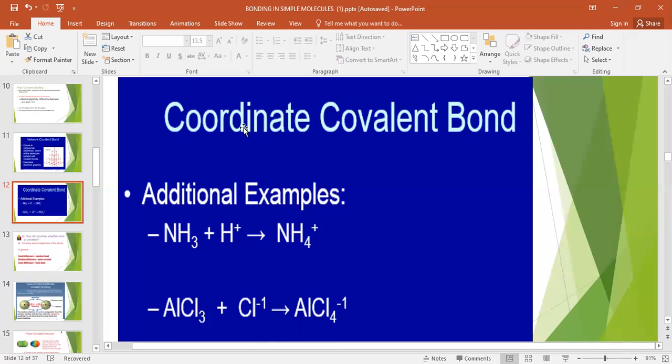You can write like this also. Sharing of electrons. But if you show it this way, we cannot specify whether it is a normal covalent bond or a dative bond. So when you draw the arrowhead, you draw it towards the element with which you are going to share electrons.